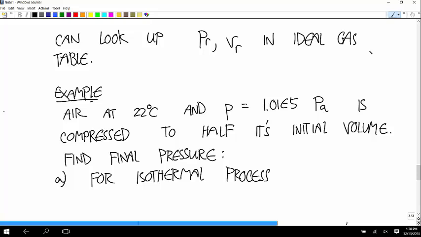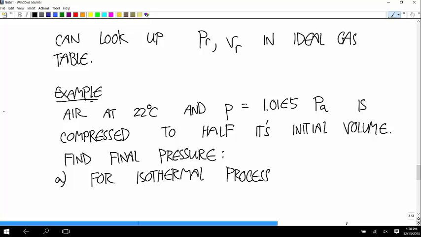So how would you expect an isothermal process to happen? You start with a syringe full of air, you push the plunger down, and if there's no heat transfer between the air inside and the surroundings, what's going to happen to the temperature of the gas inside? It's going to increase.